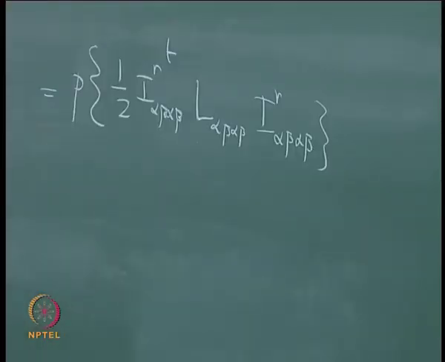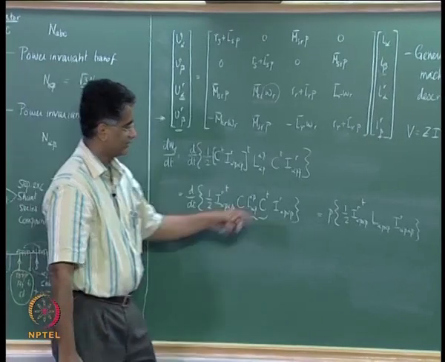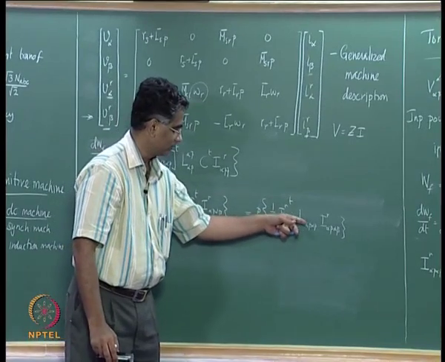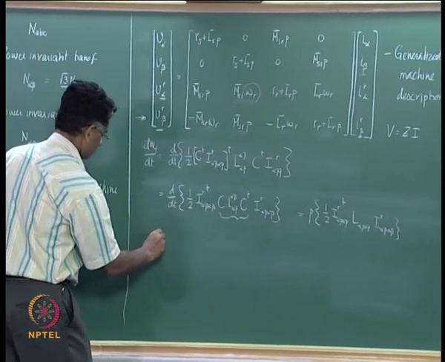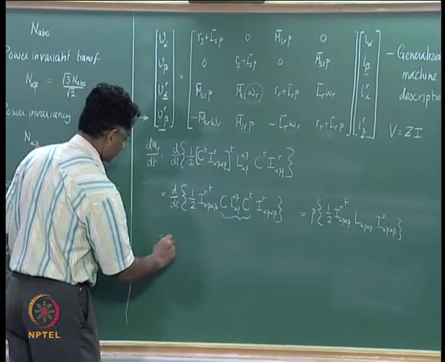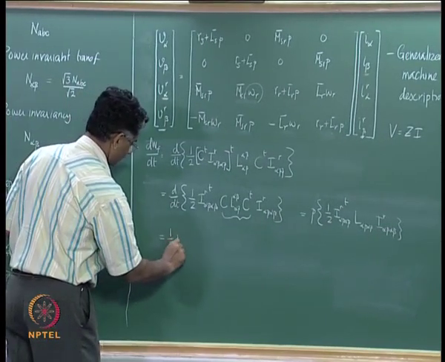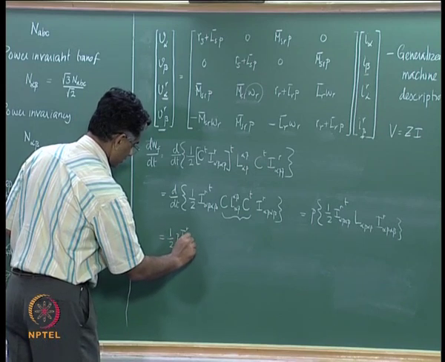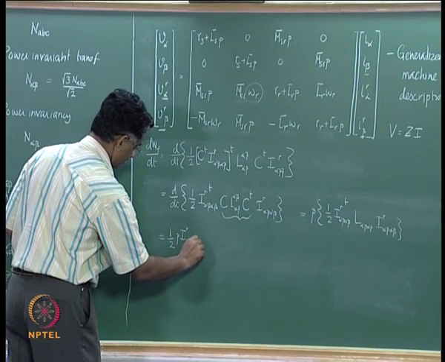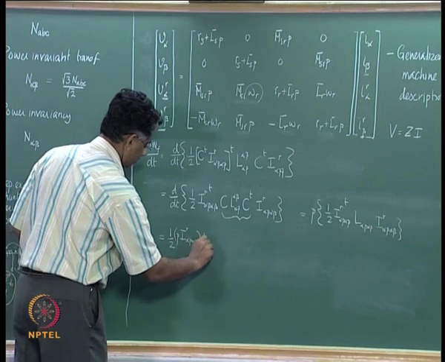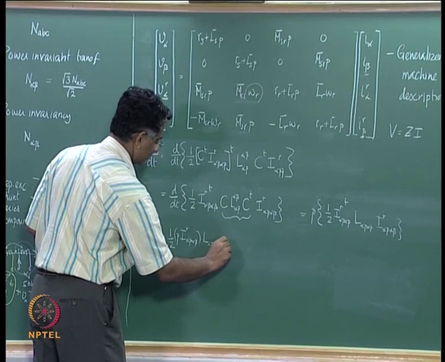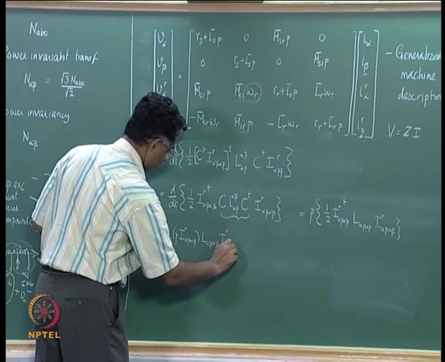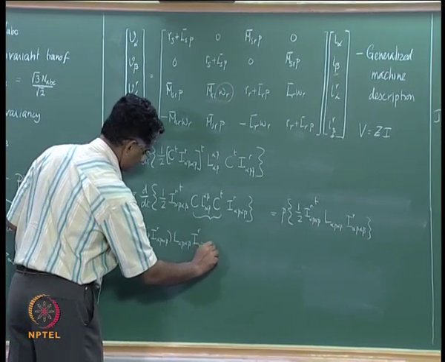And now we need to differentiate this, and since there is a first term, second term and a third term, we have to differentiate them one by one. So this differentiation gives us half of P I r alpha beta, this is one term, multiplied by L alpha beta into I r alpha beta.